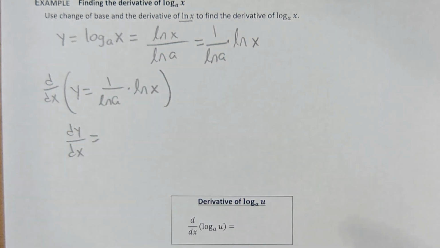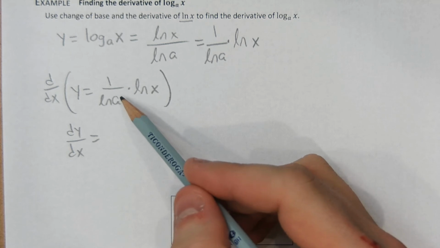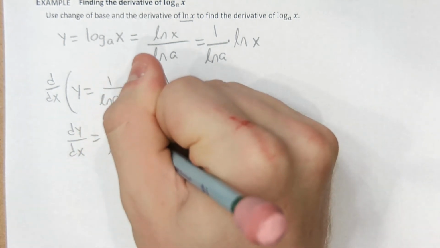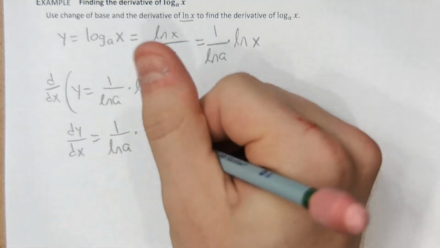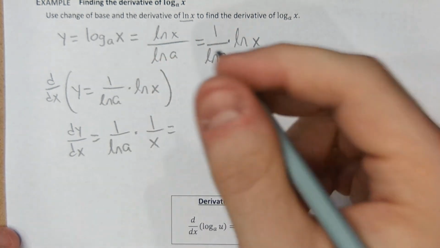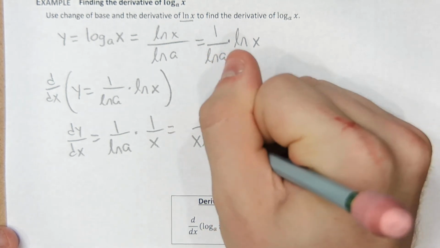On the right, this is just a constant, and when you find derivatives, the constant on the front just comes along for the ride. And the derivative of ln of x we just found on the last page was 1 over x. So this is 1 over x ln a.